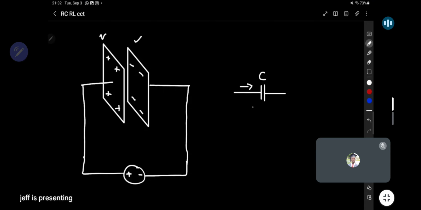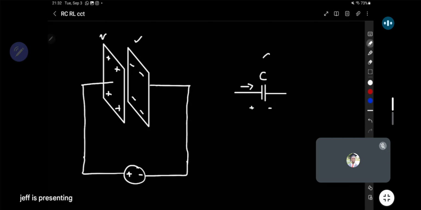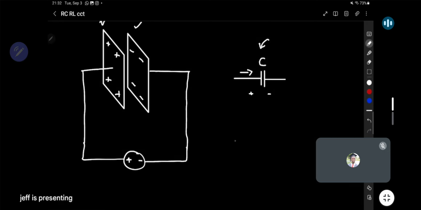A capacitor like this one has a capacitance that is constant. But if we're given a capacitor with this symbol in a circuit, it is still a capacitor, but now its capacitance is not constant.